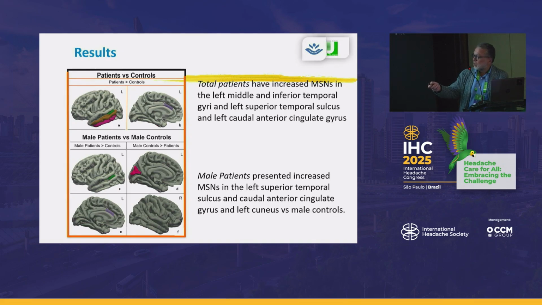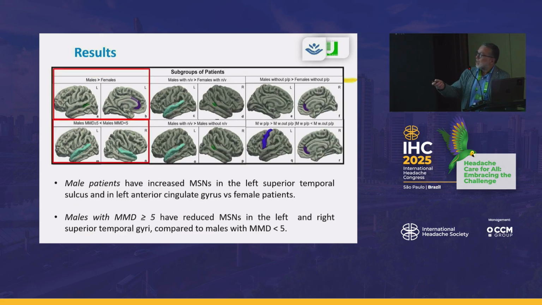When we compare the male patients with the male controls, we found increased morphometric similarity networks in the left superior temporal sulcus and in the anterior part of the left cingulate gyrus and the left cuneus.